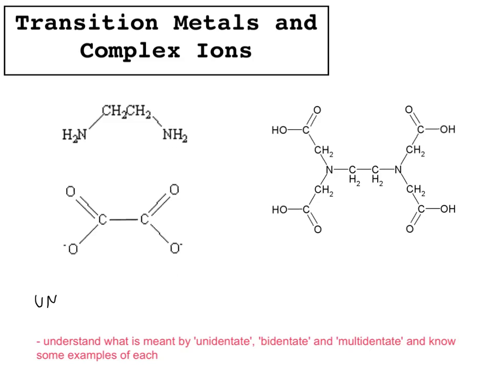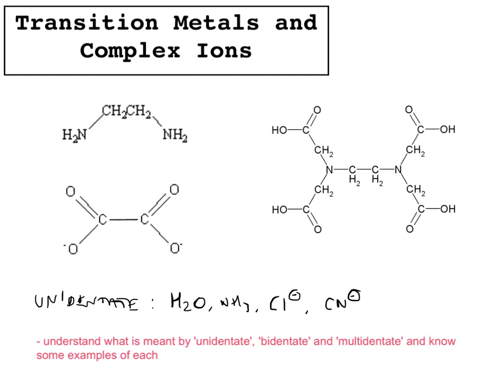So unidentate will be things like water or ammonia or Cl- or CN-. All of these can donate one lone pair to the central metal ion and therefore form one dative bond with it. So these are all unidentate.